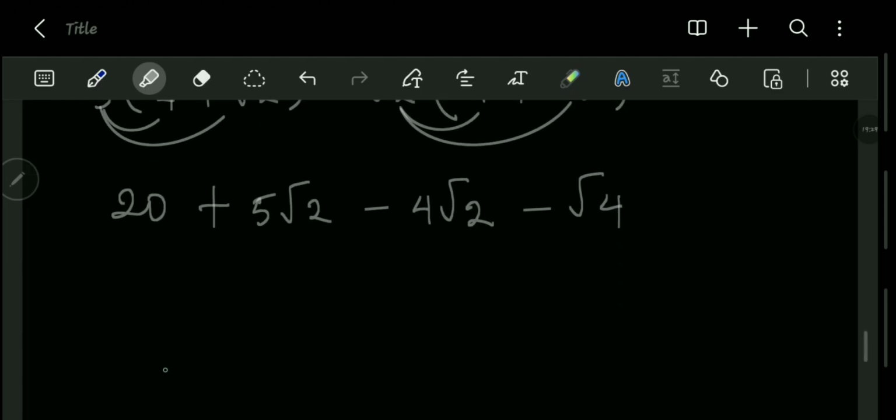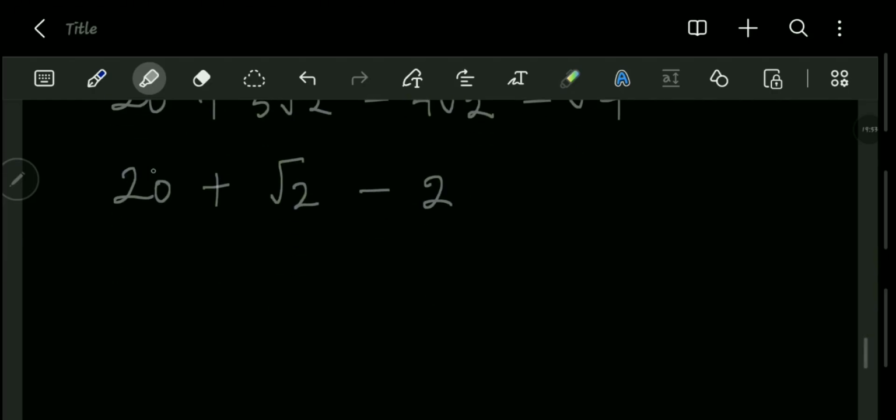Are you with me? So from here, I can see that I have like terms here. This is 2 and 2, so they are like terms. So I can subtract 2 of them, right? So I'm having 20 plus 5 minus 4 is just 1. So I'm having 1 2. Of course, I can't write the 1 here. Then minus 4. Of course, the perfect square. And square root of 4 is just 2.